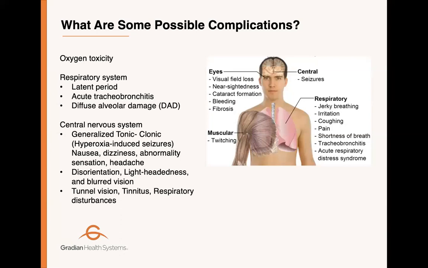You can also have musculoskeletal twitching, and respiratory cough, pain and shortness of breath. Instead of your patient improving, you might find your patient worsening respiratory-wise, only because you've given a large amount of oxygen which was not even required. Can I be taken to the previous slide?